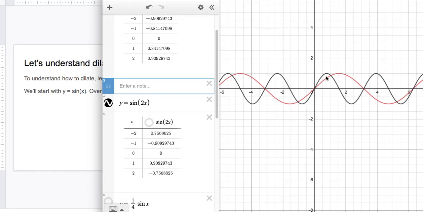This is still at a height of 1. This is still dipping to negative 1. What has happened, though, is it looks like I've taken each of these x-intercepts. So like, here's the x-intercept that came after the first peak, and I've slid it over. Here's the x-intercept from the valley. It came way over here.